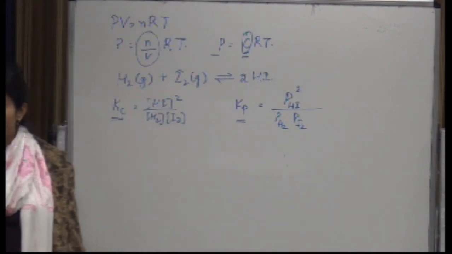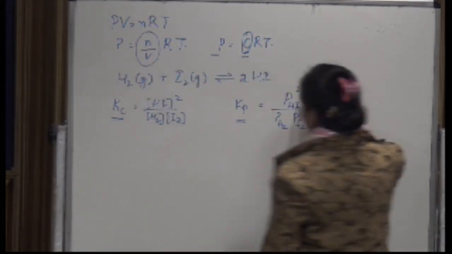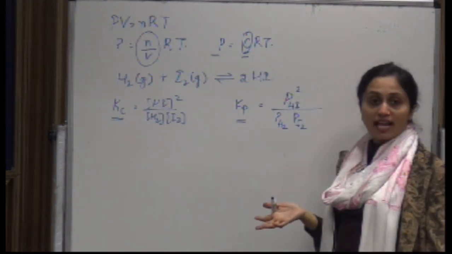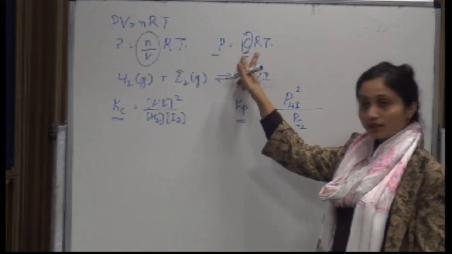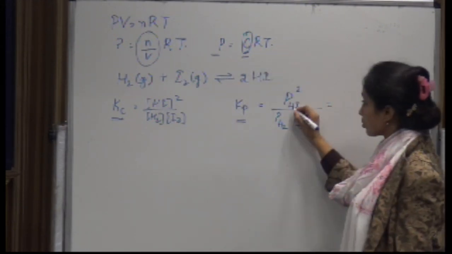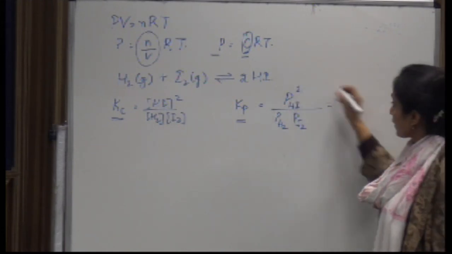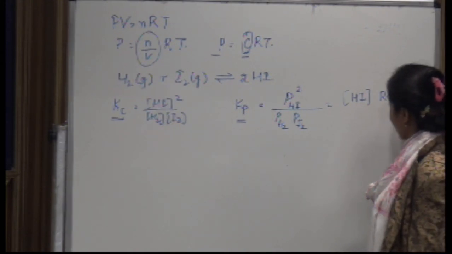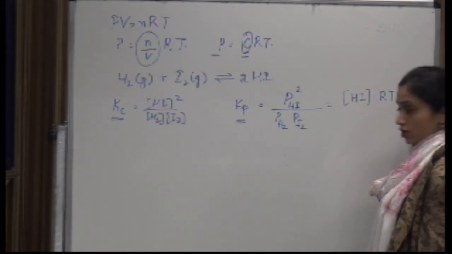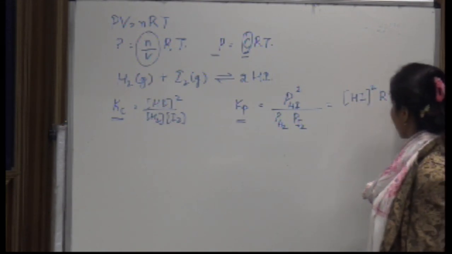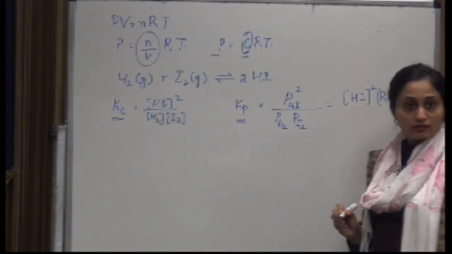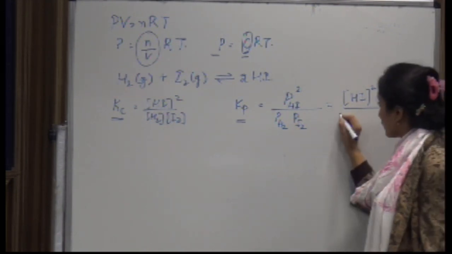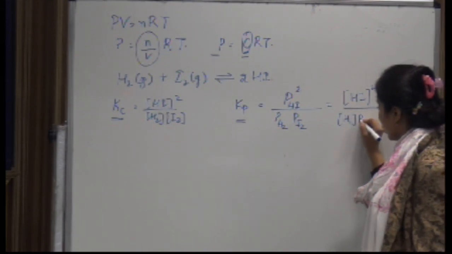Got it? Very simple. Now, each pressure is equal to the concentration term into RT, if I consider my gas to be an ideal one. P of HI will be the concentration of HI into RT, and this entire pressure is to the power 2, so this is [HI] square into RT square. Then the pressure of H2 will be the concentration of H2 into RT.